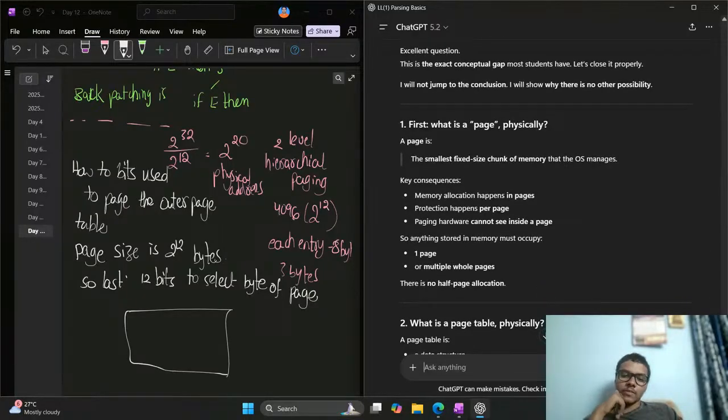Memory allocation happens in pages. Protection happens per page.